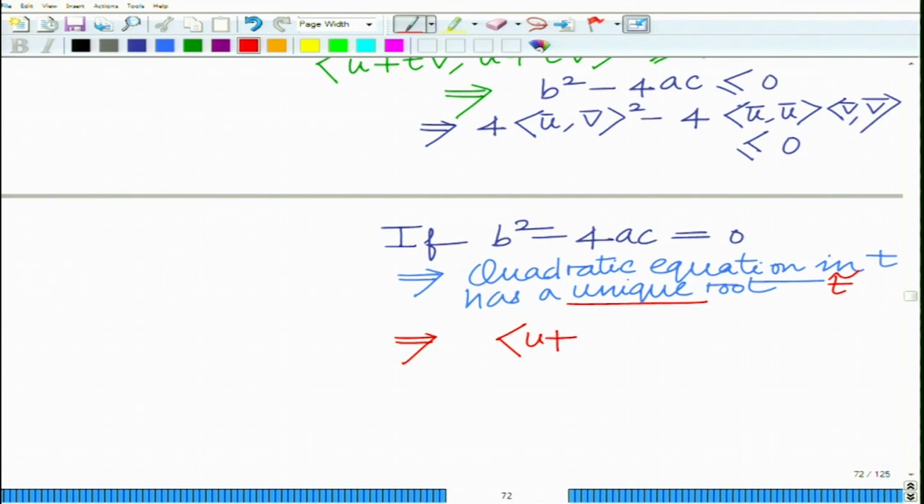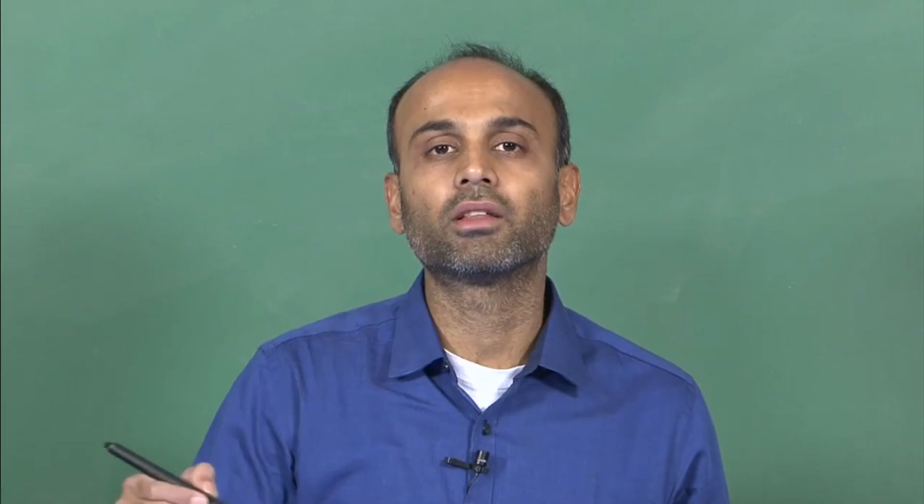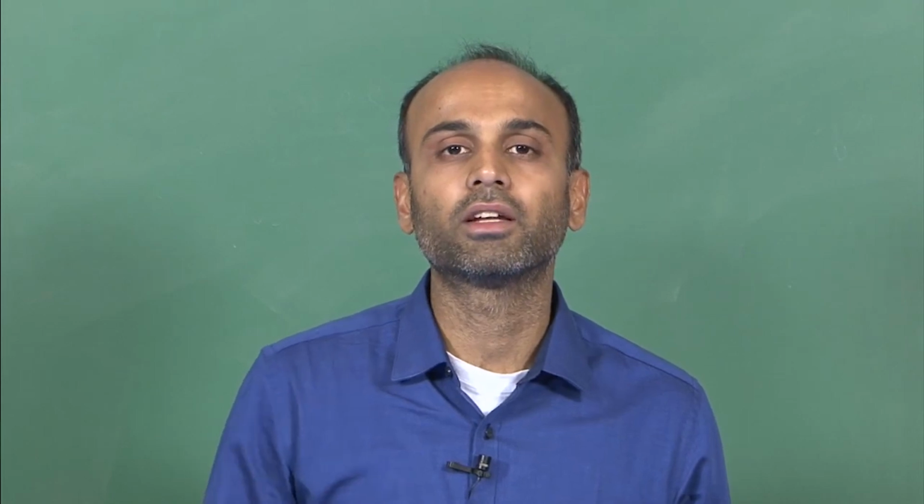So, at that value of t tilde we will have the inner product of u bar plus t tilde v bar with itself equal to 0, alright, at that root, because the quadratic is nothing but the inner product of u bar plus t v bar with itself, okay.